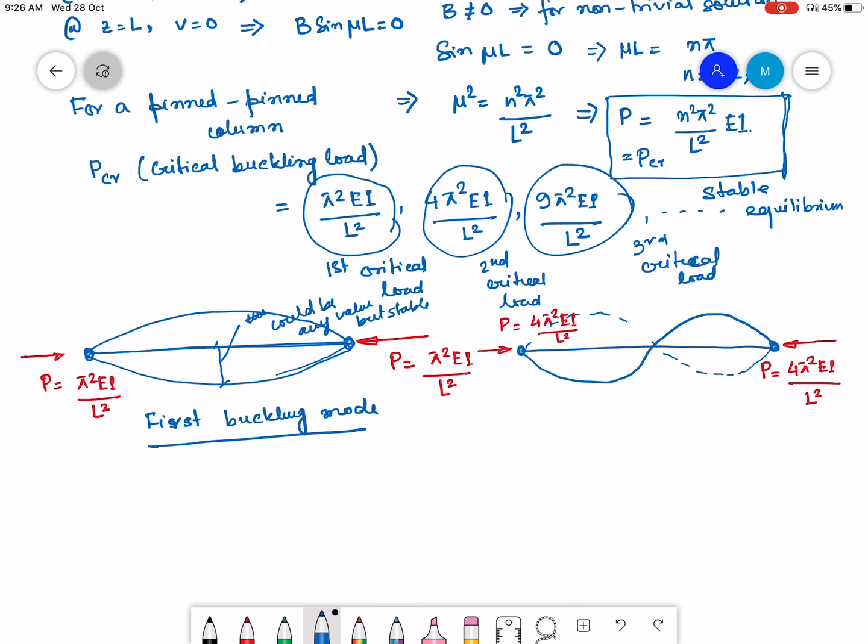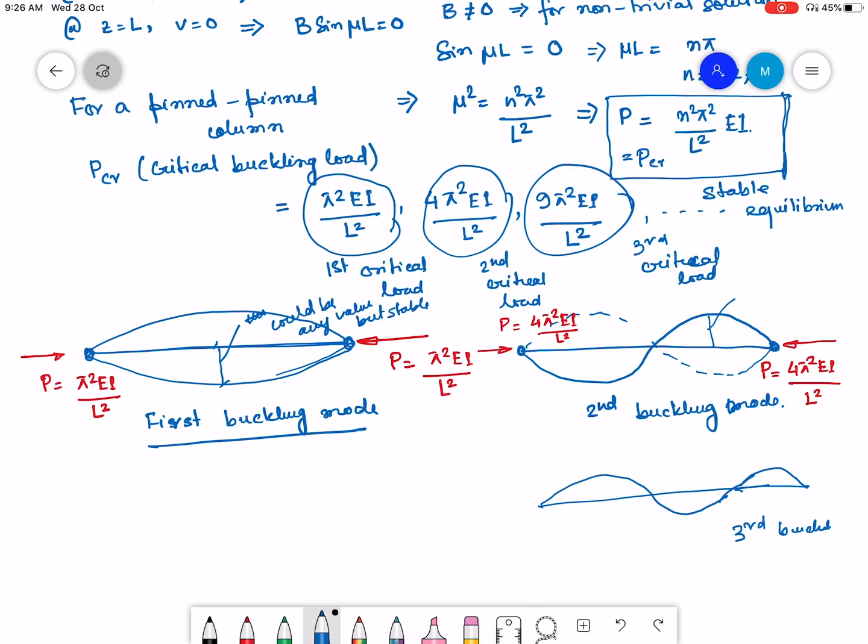So this is the second buckling mode. And this value is again undetermined. We cannot say definitely what this value is, but it is going to be stable. And so on. The third buckling mode is going to be something like this. So this is going to be the third buckling mode.